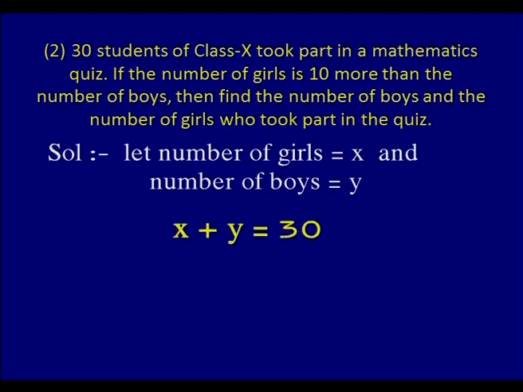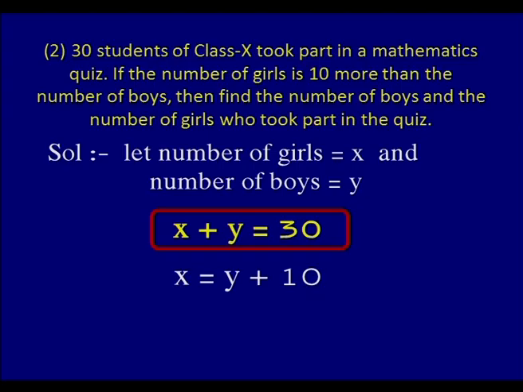Because in this problem there are two cases. First one is that total boys and girls is 30. Therefore, the first equation is x plus y is equal to 30. In the second case, the relation between boys and girls. What is given? Number of girls is 10 more than the number of boys.